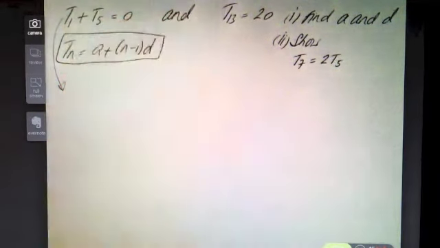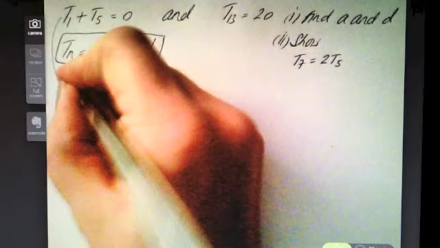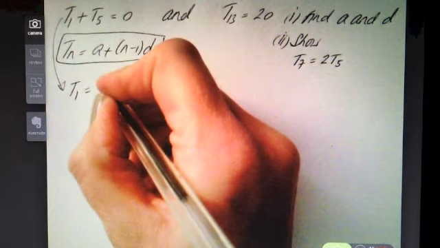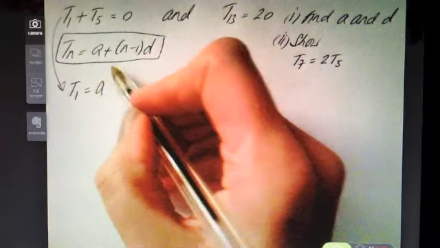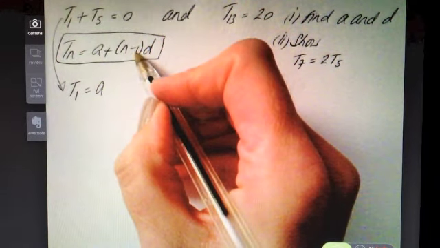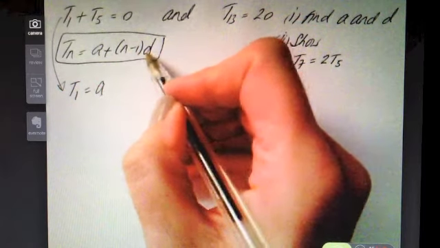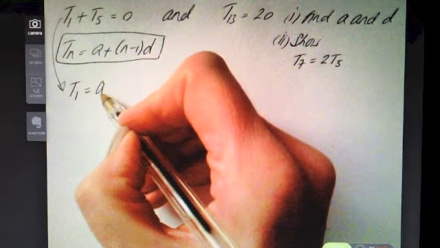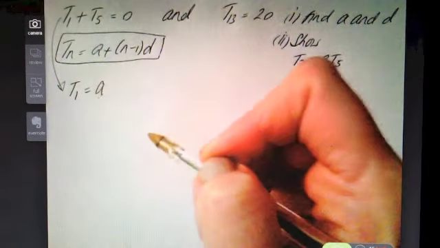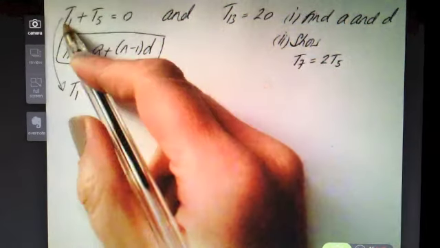We'll do this bit by bit. Term 1 is just going to be A plus 1 minus 1, which is 0, times d, which is obviously 0. Well, it makes sense. Term 1 is obviously just A on its own. A is always the first term. So that's the first term, A, or T1.